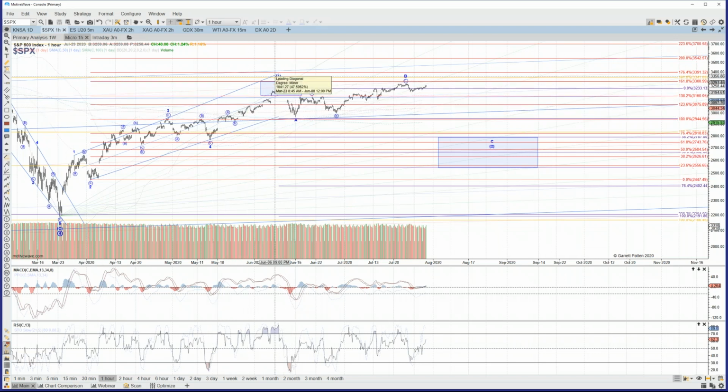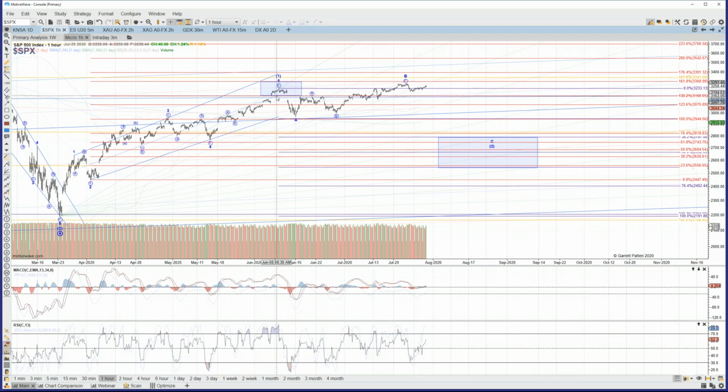Again, that leading diagonal complete into the early June high, initial A wave down into the June 15th low, 3-wave bounce into the high that we saw last week, possibly completing wave B as an expanded flat for the wave 2, and ready to roll back over and fill out wave C of that expanded flat, give us that nice proper sized wave 2 before we break out to a new all-time high in the wave 3 of 3.